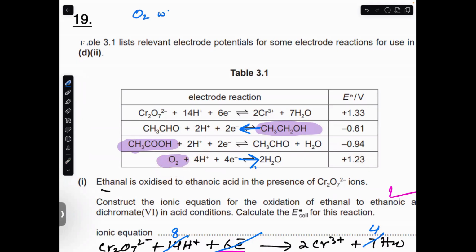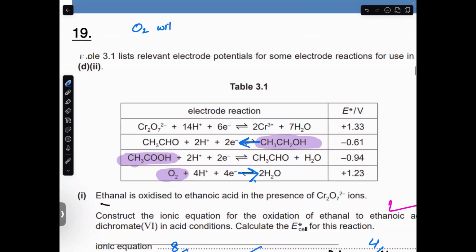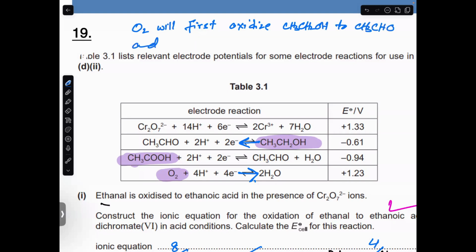Oxygen will first oxidize ethanol to ethanal and further ethanal to ethanoic acid.